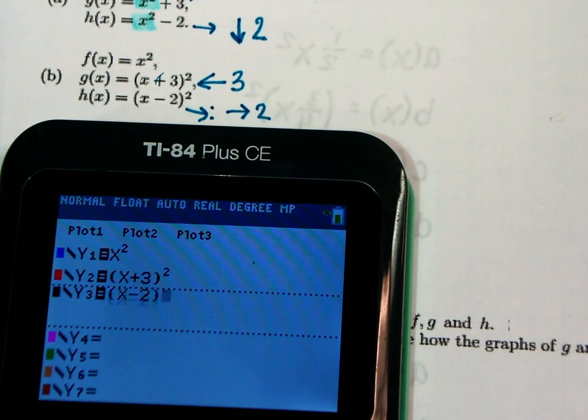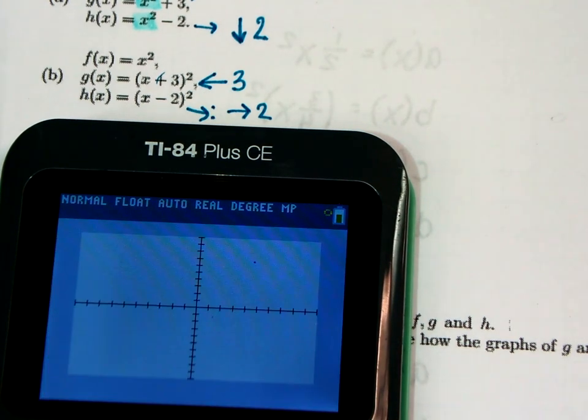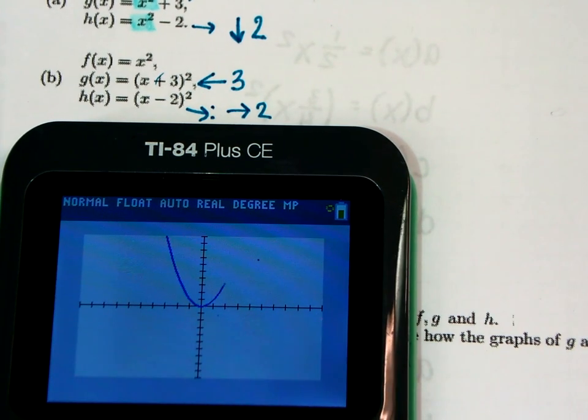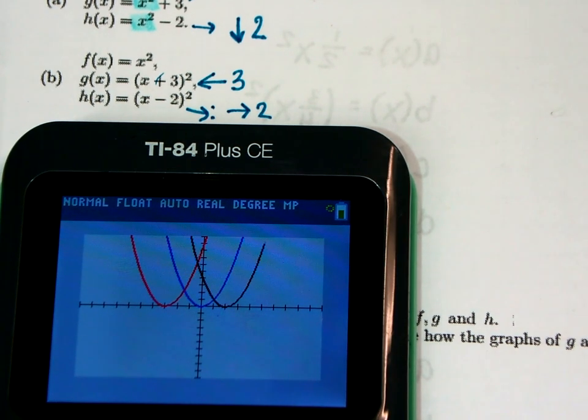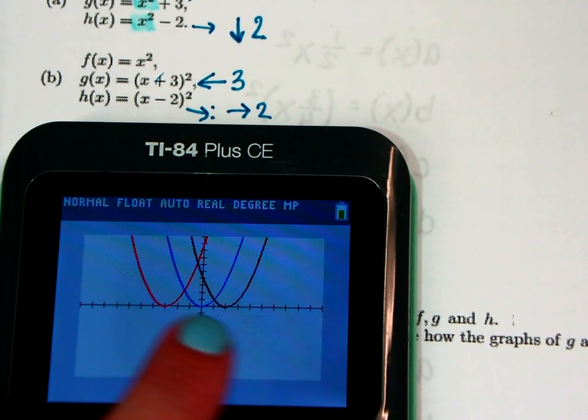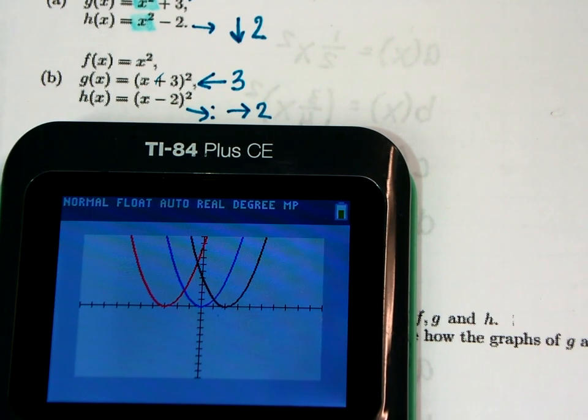It's a struggle, guys. Okay, so to graph, blue is the parent function. That's the original. G of x will be in red. Notice how it shifts to the left 3. And h of x will be graphed in black. Notice how that one shifted to the right. So whenever you're adding and subtracting inside of the parent function, it's actually going to go the opposite direction of what it looks like.